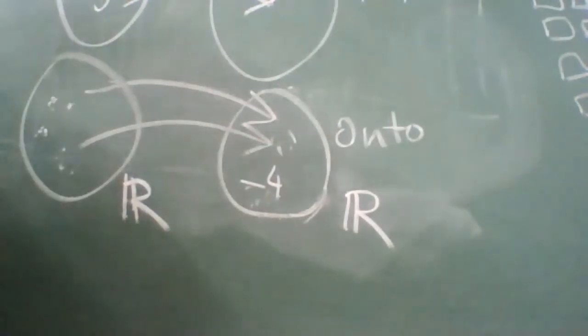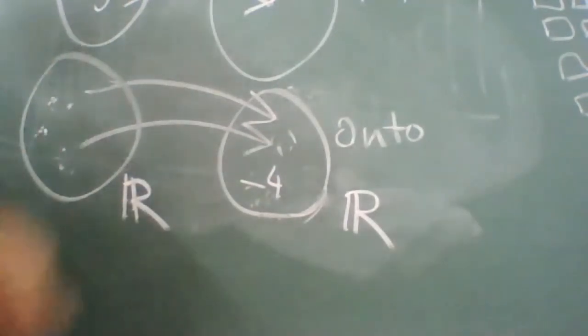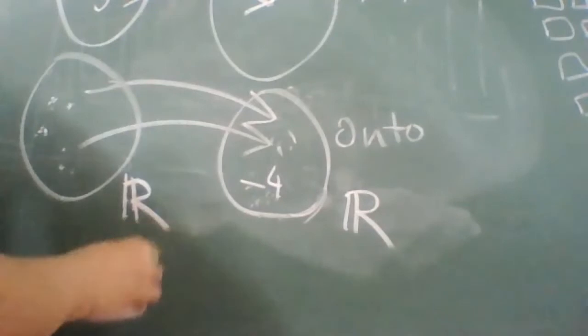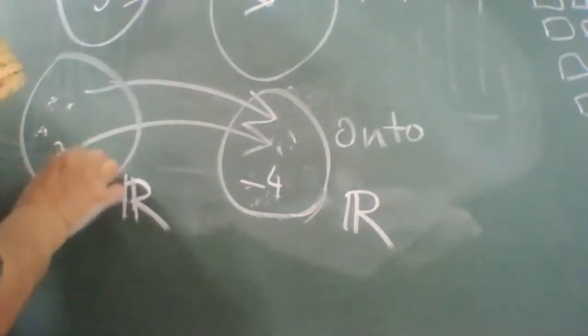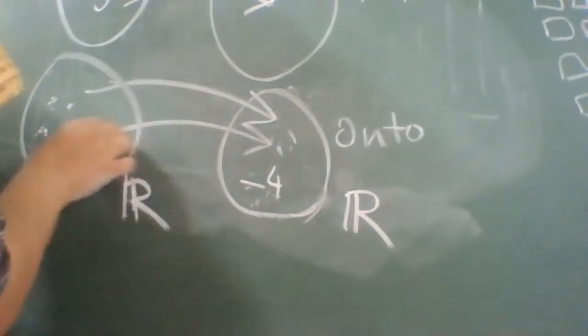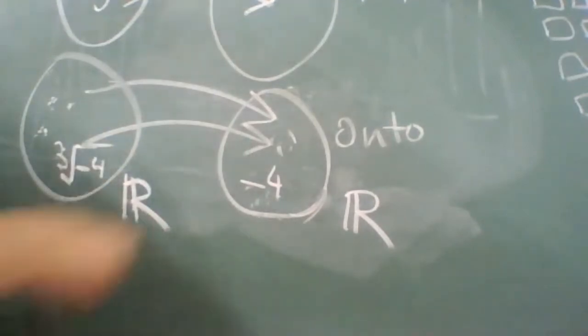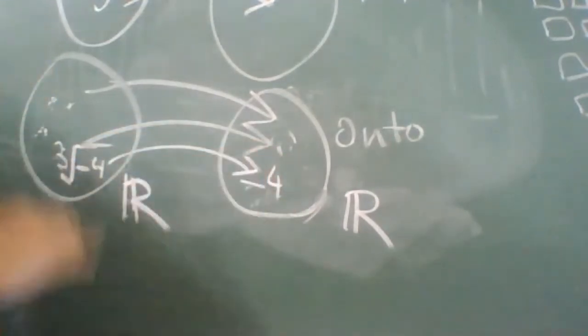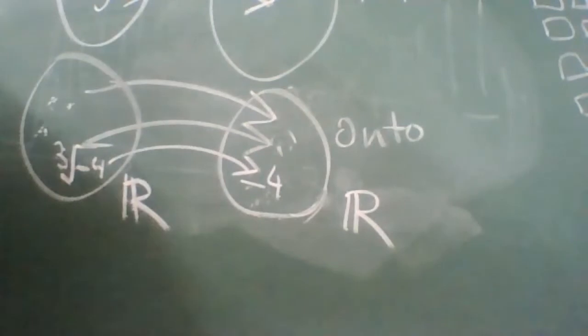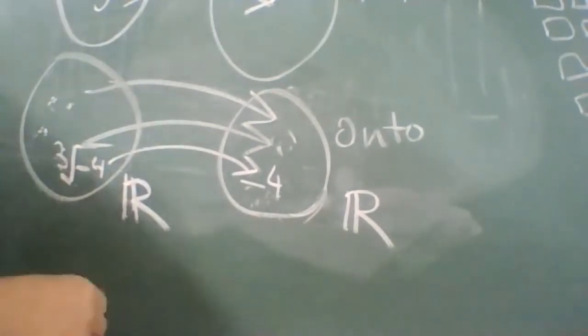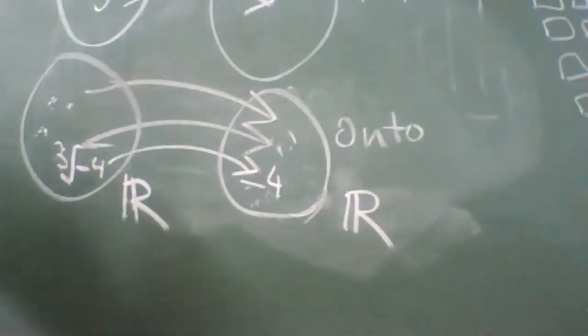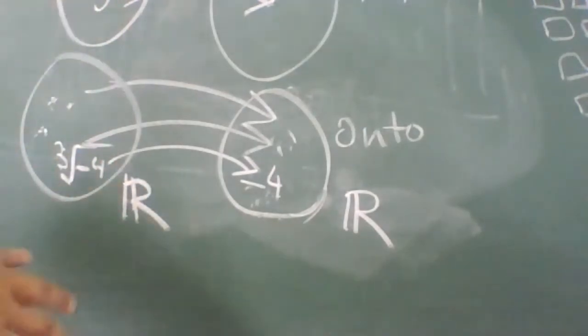On the other hand, the cube function will work. You can find the cube root of -4. We are talking about real numbers, so it will not be a rational number, but that doesn't matter. There's still a real number which, when cubed, gives you -4.